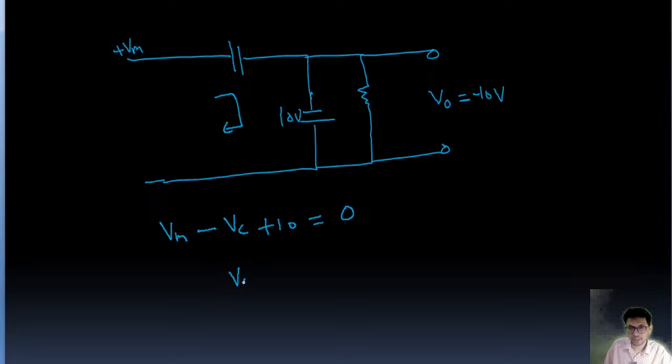So from here Vc is going to be, no, Vc is going to be 10 plus Vm. So Vc value is going to be 10 plus Vm.